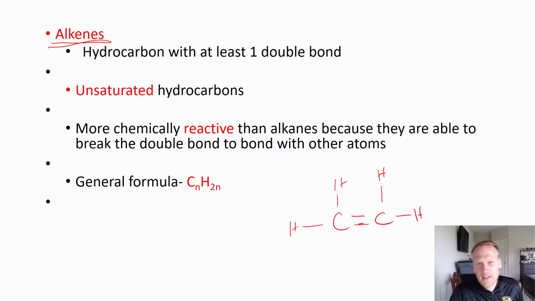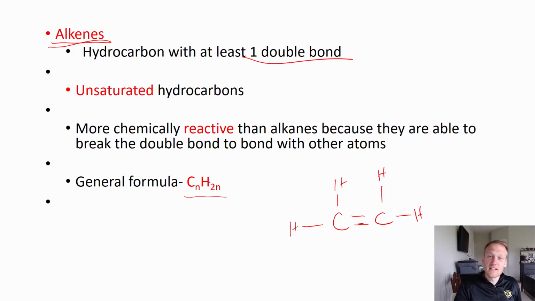These are called alkenes, so this is no longer ethane, it is ethene because of the double bond. Alkenes simply have a double bond present. Notice the general formula is a little different too. If you remember from alkanes, the number of hydrogens was 2n plus 2.